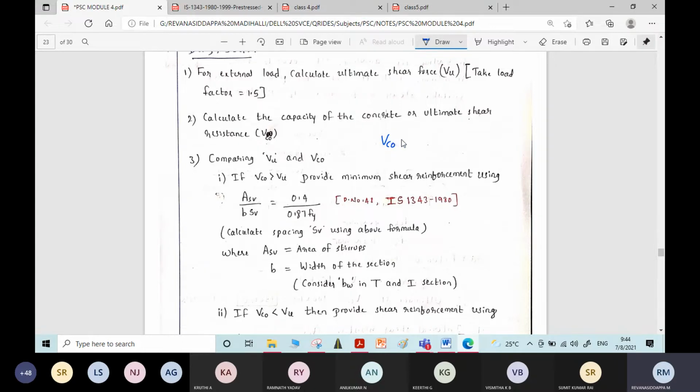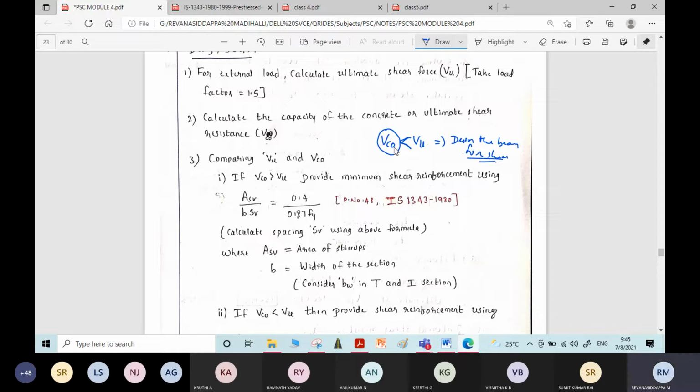This will be compared with the actual shear force acting on the section. If the shear resistance of the beam is less than the shear force acting on the beam, then we have to design the beam for shear.